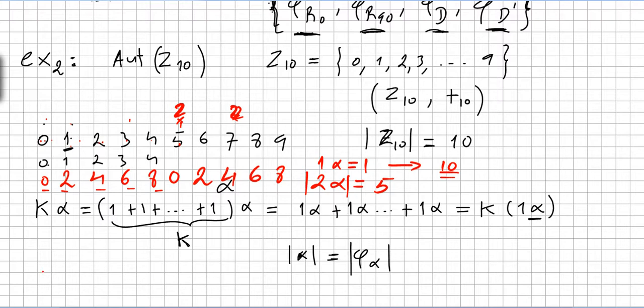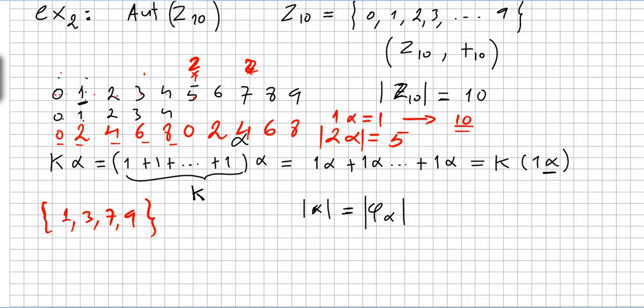It's easy to check that your candidates for automorphisms are 1, 3, 7, and 9. You can check this. So I'm going to call these alpha 1, alpha 3, alpha 7, and alpha 9. And here we have all the automorphisms of Z10.